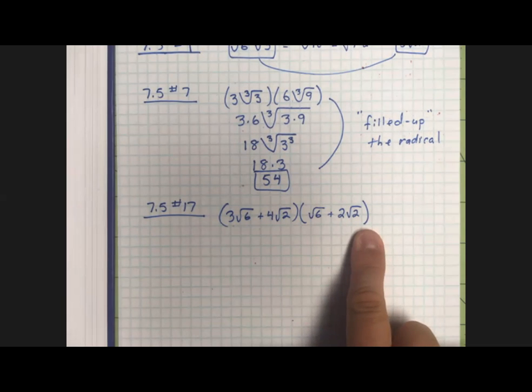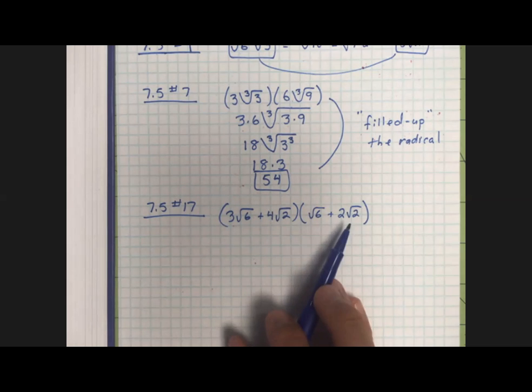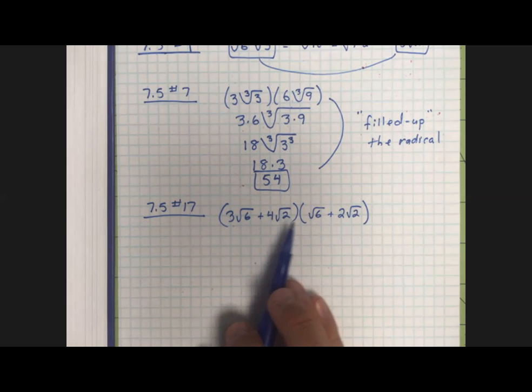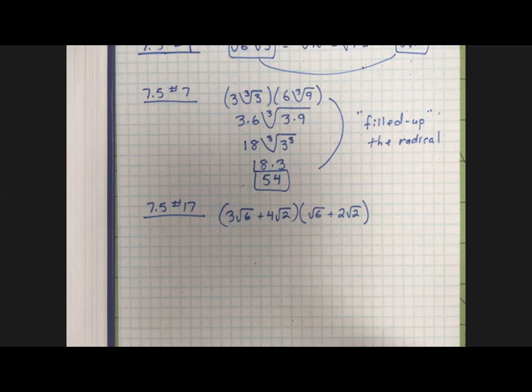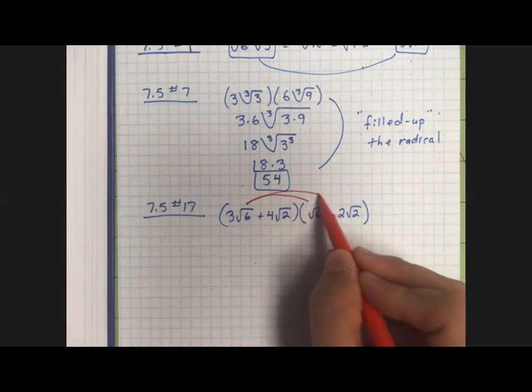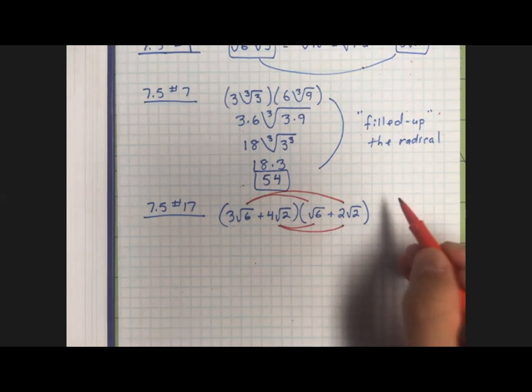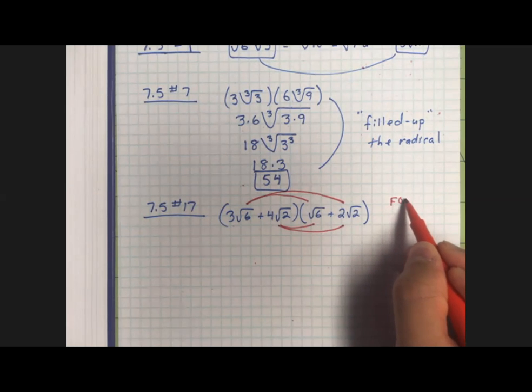Let's multiply this out and see if I can make it simpler. Well, this is just like A plus B times C plus D. I've just got 2 people multiplied by 2 people. I'm just going to FOIL it out like I would FOIL out anything of that nature. I mean, literally foiling.